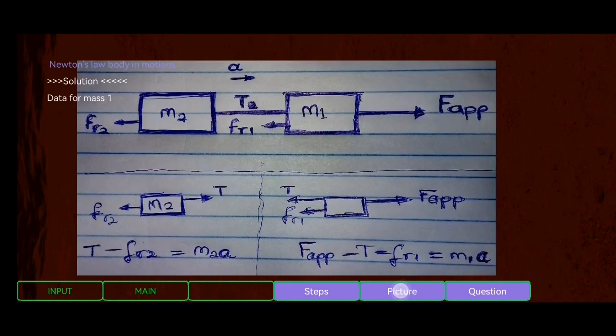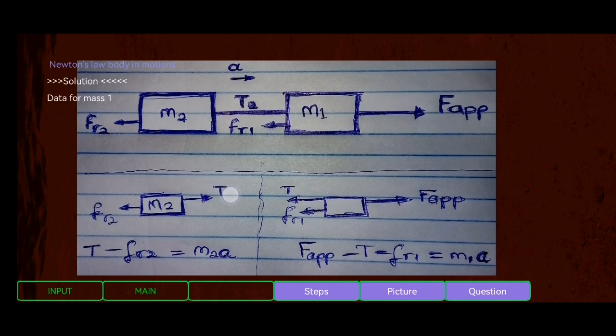To deal with this, this is the diagram. You have to cut here and then check all the forces that act on the separate one. Then you will write this equation. These are net forces, and they are all equal to ma. All force is equal to ma. F is equal to ma.